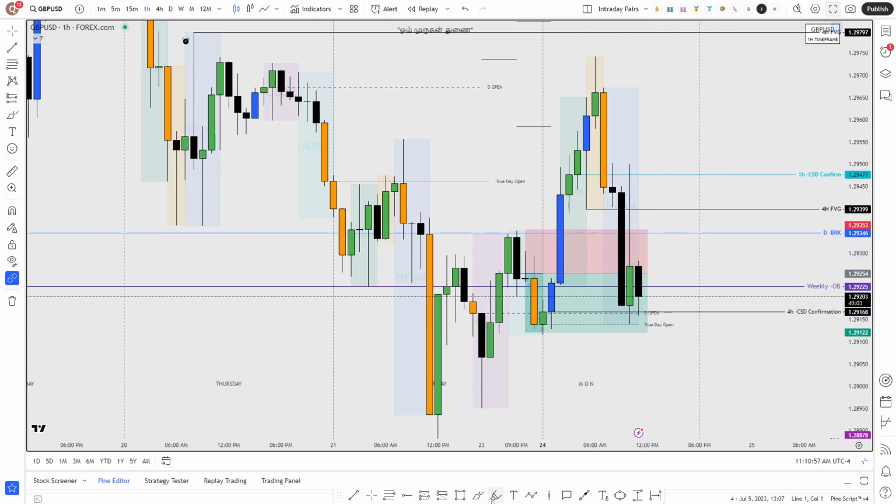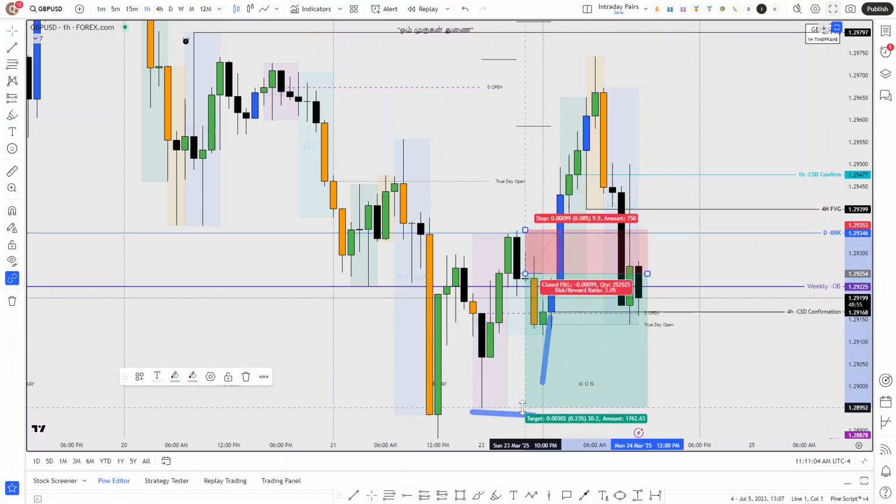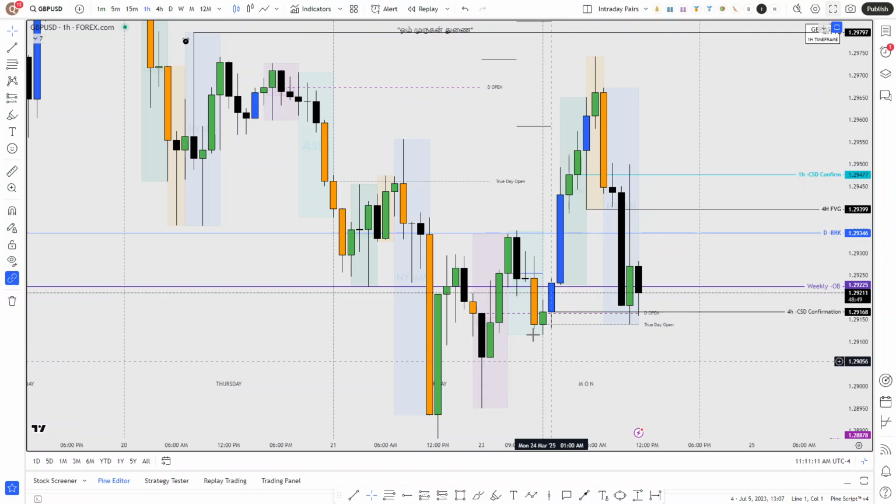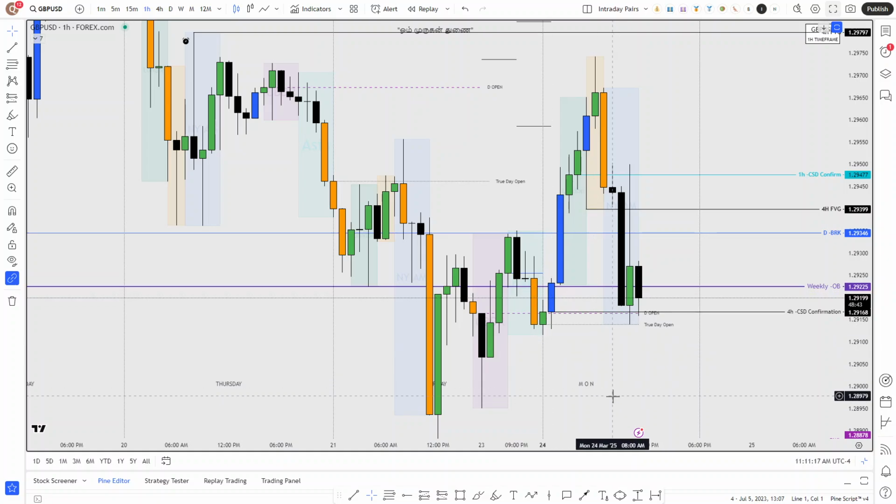We were confident price would definitely reach this swing low, and we might easily have booked a 1 to 3 trade here, but the market had other plans. It reversed in between and hit our break even as well. So we are happy because we booked a 50% partial at 1 is to 1.2 and exited with a break even hit.